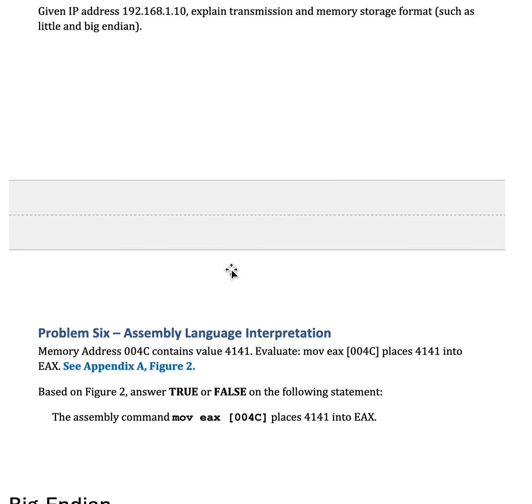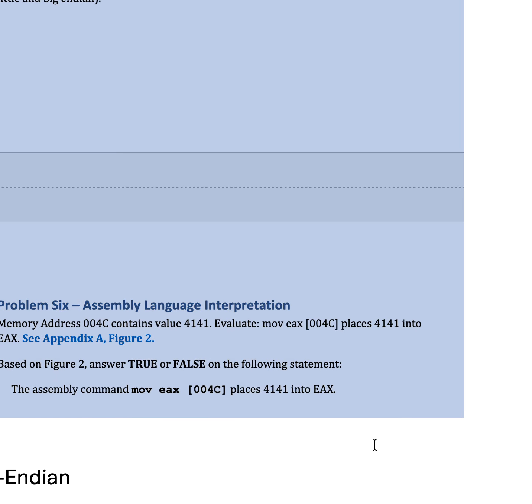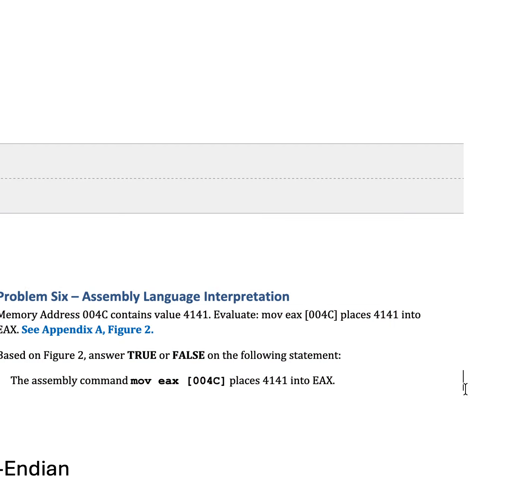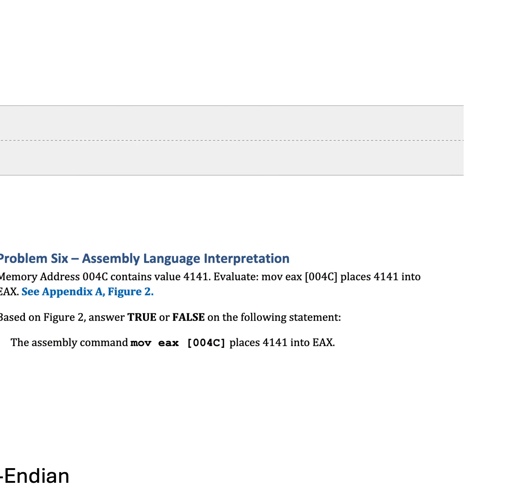When it comes to assembly language, take the garden variety of assembly command, something like move EAX, 004C.